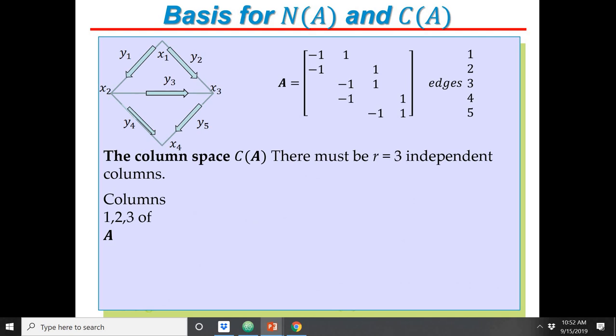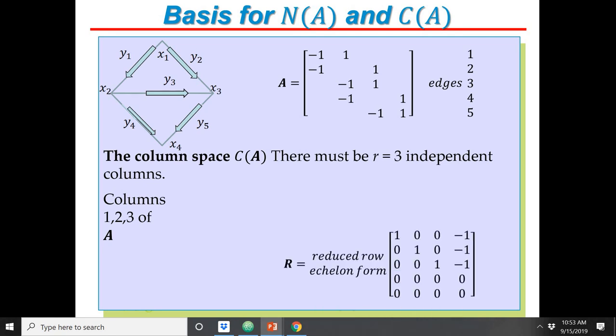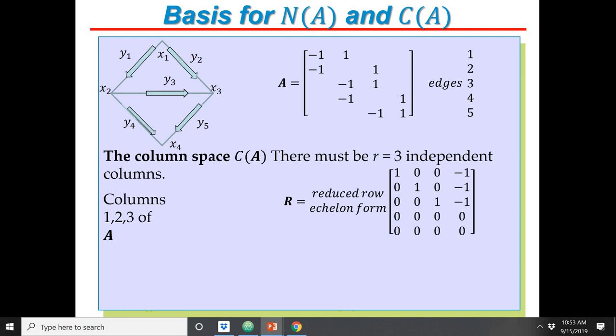So let's look at the column space, and we already said that because the null space has dimensionality 1, the column space needs to have 3 independent columns, basically. So r is equal to 3, and the way to identify which of the 4 columns are independent is by producing the reduced row echelon form for the matrix A. And I'm giving you this form here.